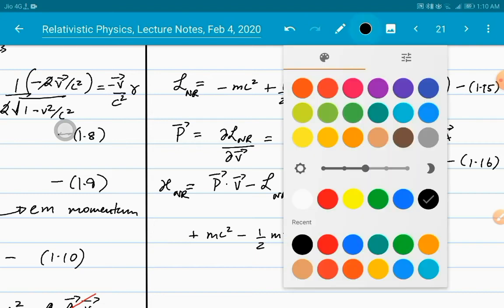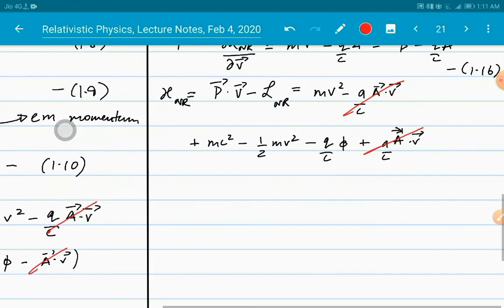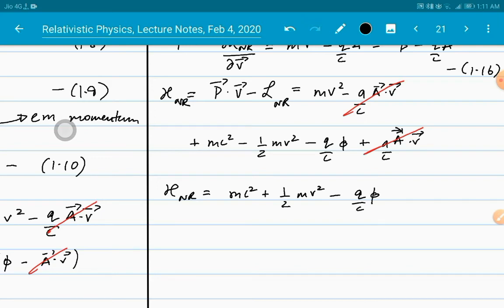And then once again we have the same cancellations we did previously, and our final non-relativistic Hamiltonian becomes mc square plus 1/2 mv square plus q by c phi.